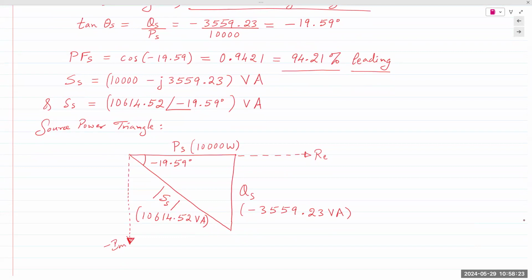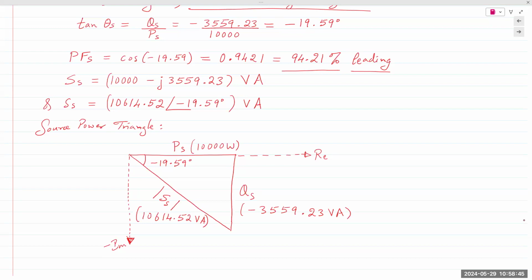So in this case, the capacitor is actually requiring more energy from the source than the inductor. If it's a positive angle, inductor requires more energy. If it's a negative angle, the capacitor requires more energy. Right? Negative is clockwise. Positive is counterclockwise.